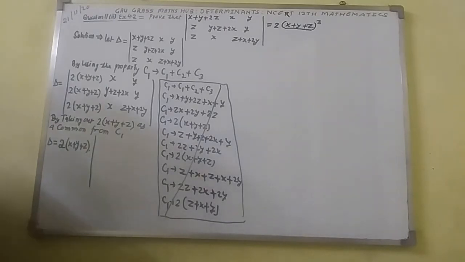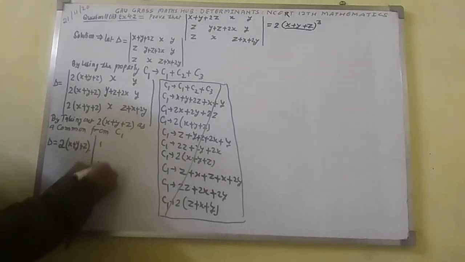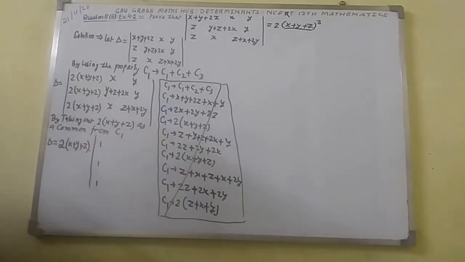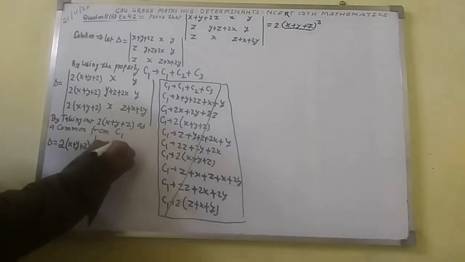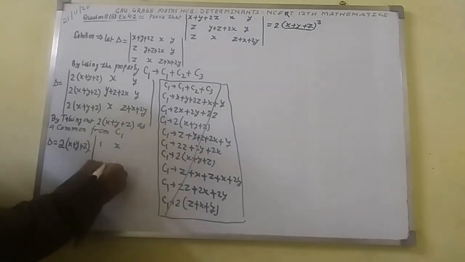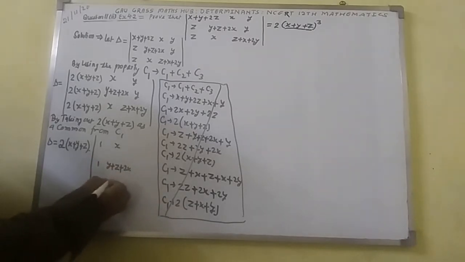The elements of first column will be 1, 1, 1. And the elements of second column will be x, y plus z plus 2x, and here x.